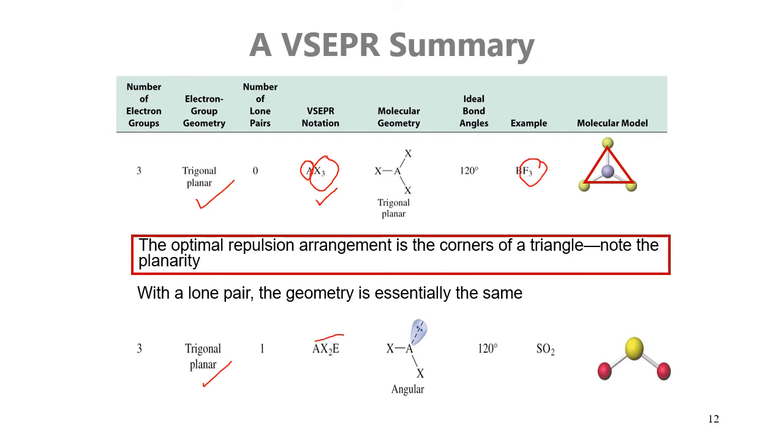So the VSEPR notation becomes AX2E, which is trigonal planar, but the name of the molecular geometry is different. It's no more trigonal planar, it's angular because it has a lone pair here. For example, SO2. And then the bond angle is still 120.